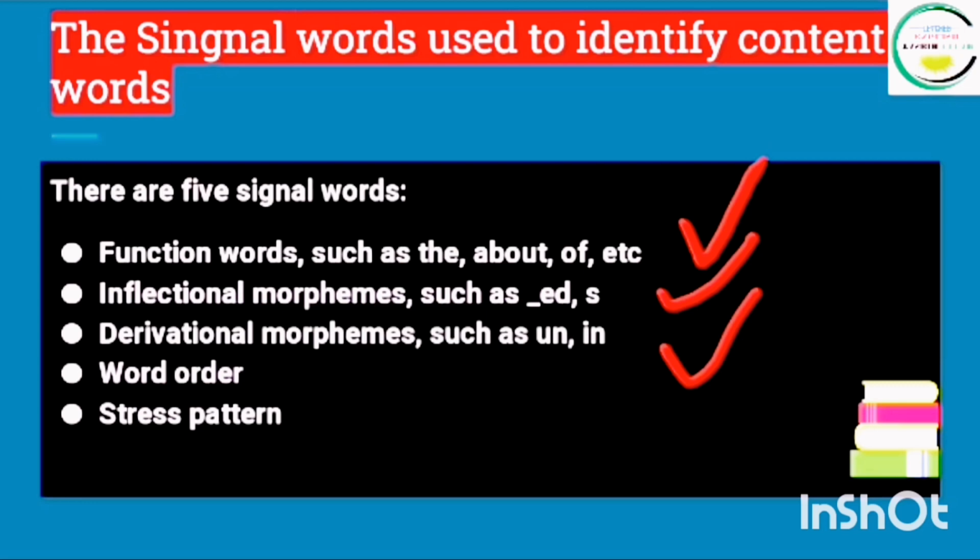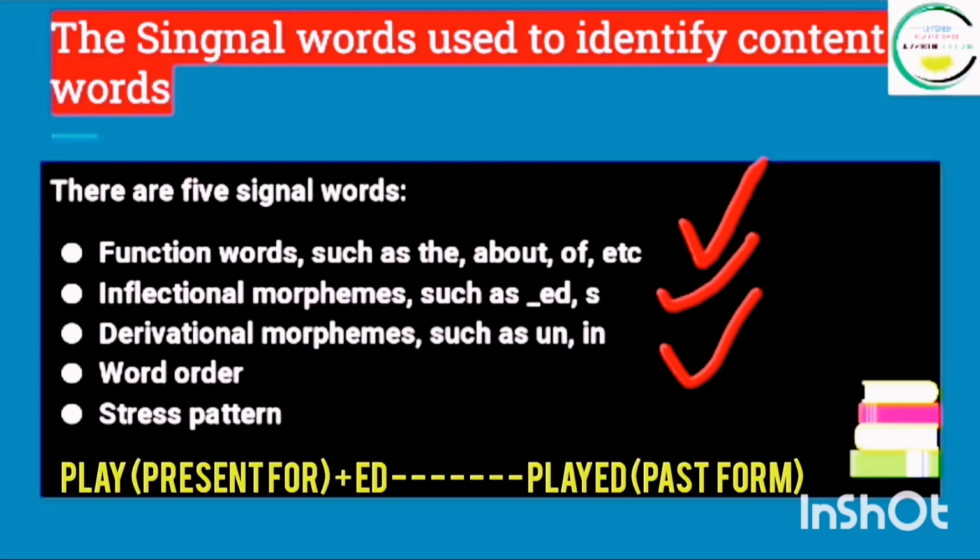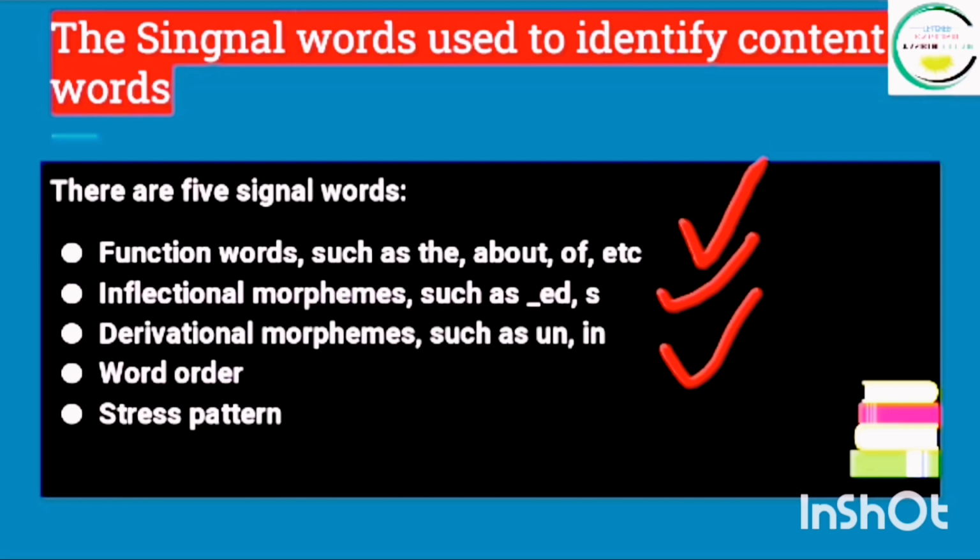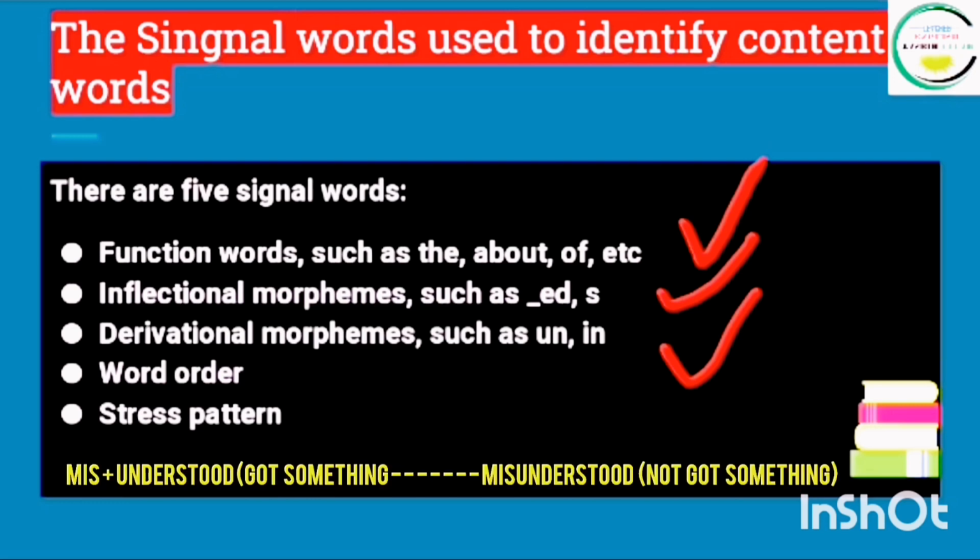For example, look at the word play. Play is a verb and it is in the present form. If we add ed to the verb play, it becomes the past form. So by adding ed, it changes from present form to past form. And look at the example misunderstood. Understood is a verb.